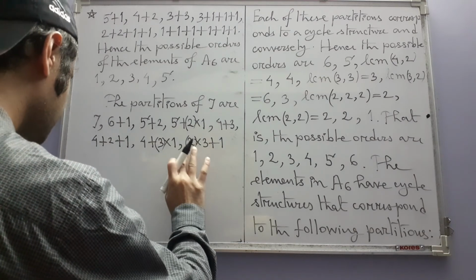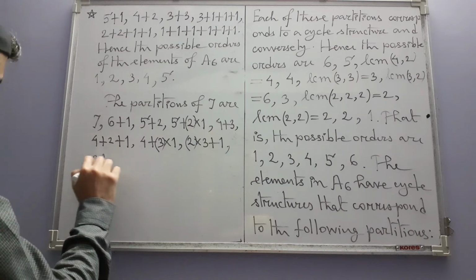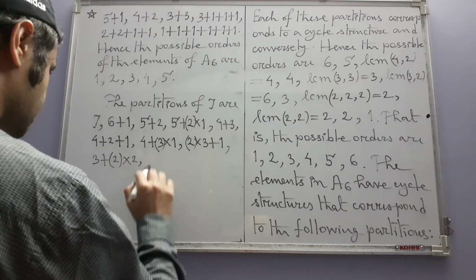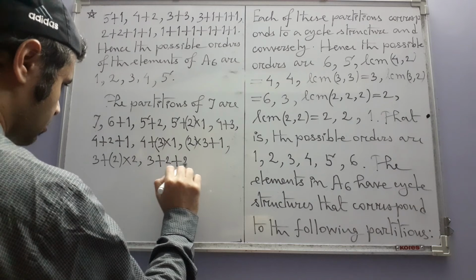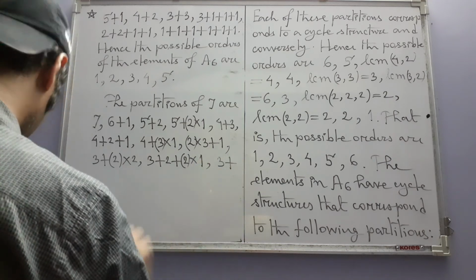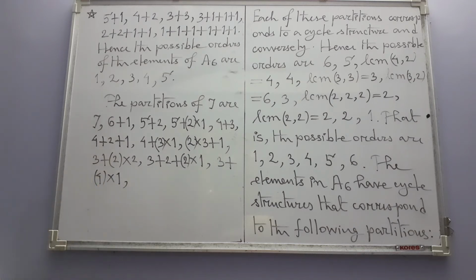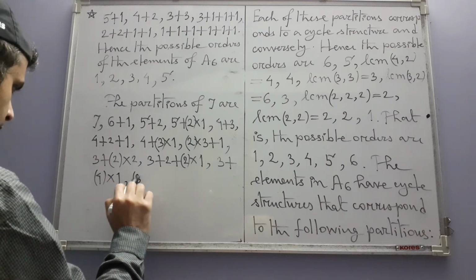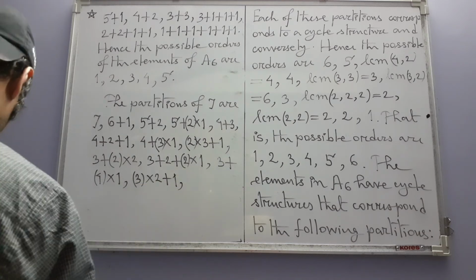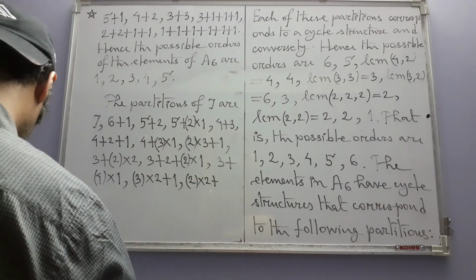So this means 3 plus 3 plus 1, then 3 plus 2 plus 2, then 3 plus 2 plus 1 plus 1, then 3 plus 4 ones, then 3 twos plus 1, then 2 twos and 3 ones.